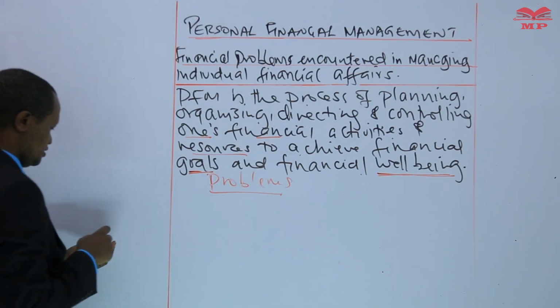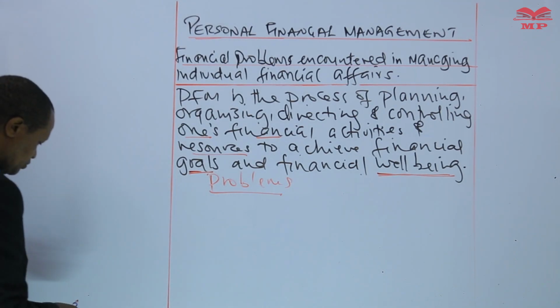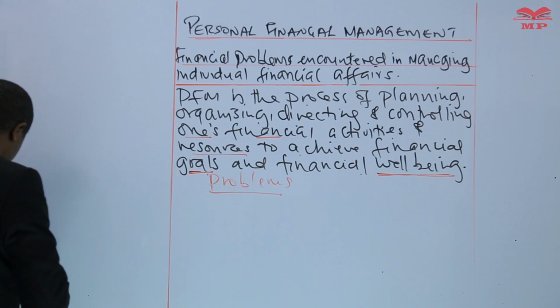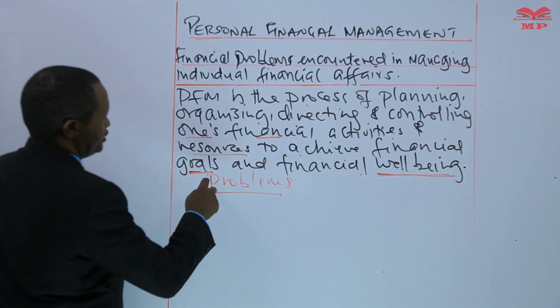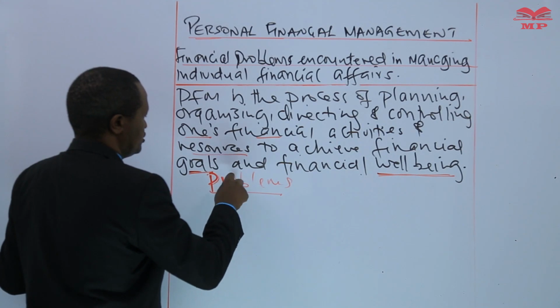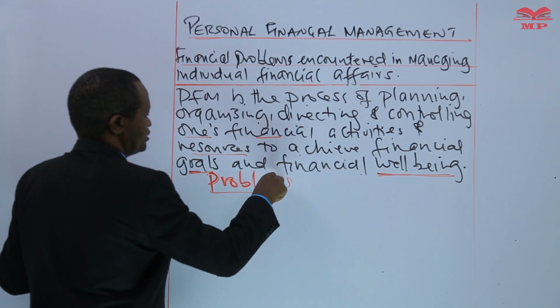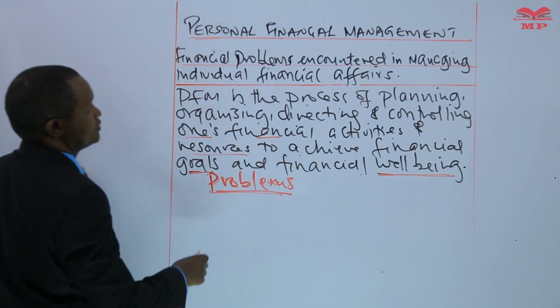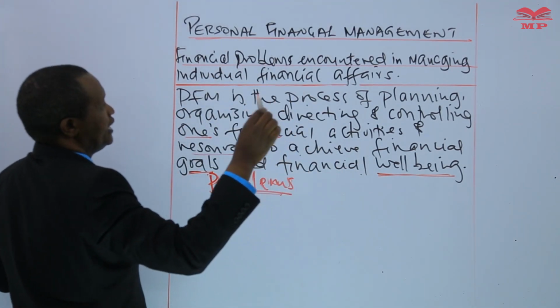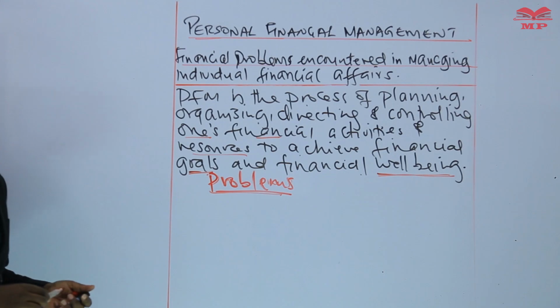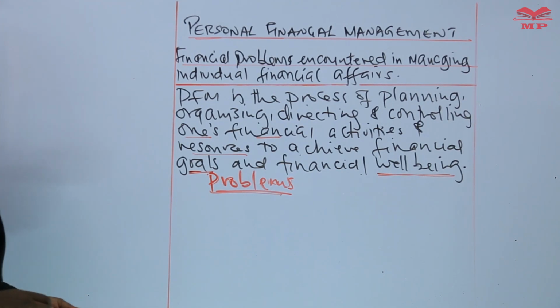Now, candidates, we are going to categorize these problems into 7 problems. Financial problems encountered in managing individual financial affairs. That is the first subtopic.